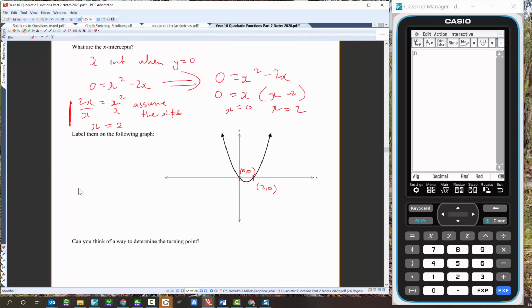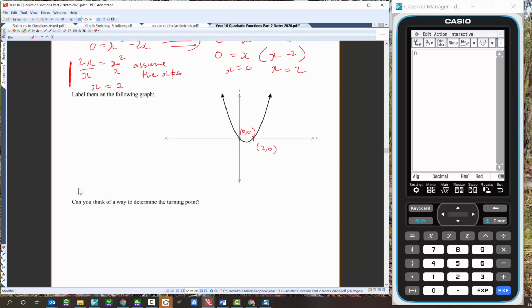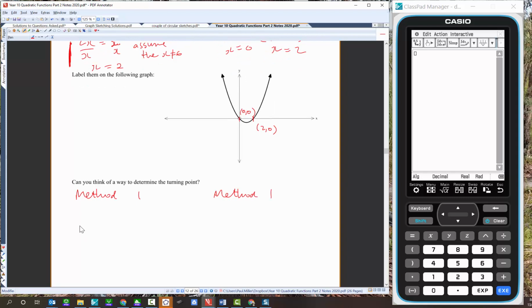Right, so the turning point. Can you think of a way to determine the turning point? Well, I'm going to address two methods, method 1 and method 2. I'm not a huge fan of completing the square, but let's just do it and see what happens.